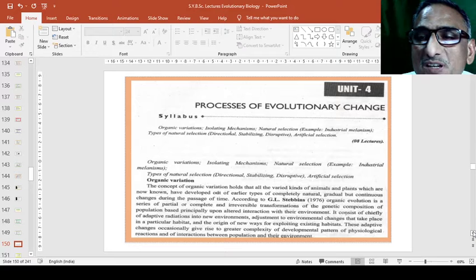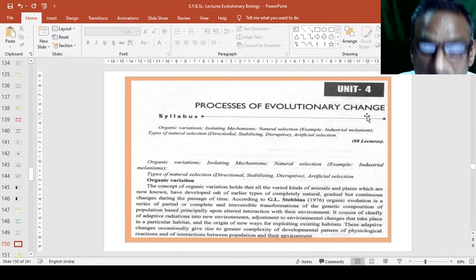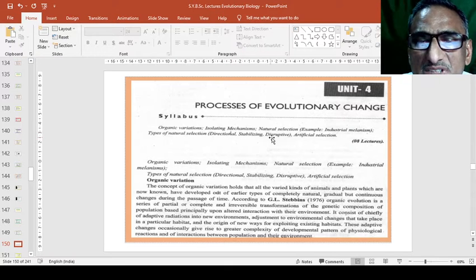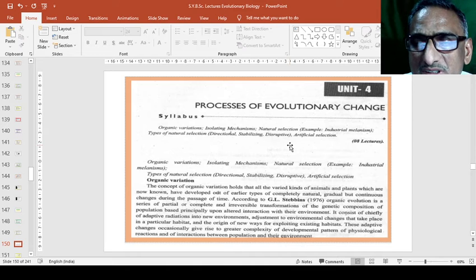Now we will continue our lectures in unit number 4. In unit number 4, the process of evolutionary change is studied. So we will study organic variations, isolating mechanisms, natural selection, example industrial melanism, types of natural selection, directional, stabilizing, disruptive, and artificial selection.